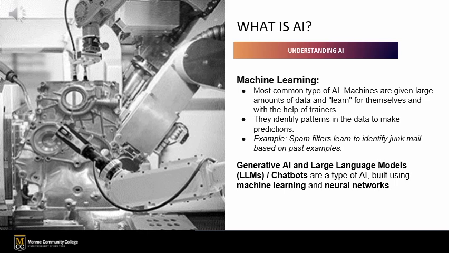The AI tools you're probably familiar with, ChatGPT, Claude, Gemini, these are what we call generative AI or large language models. They're built using machine learning and neural networks, which are computational systems loosely inspired by how human brains process information. But remember, the inspiration is loose. These are still fundamentally prediction machines, not thinking entities.